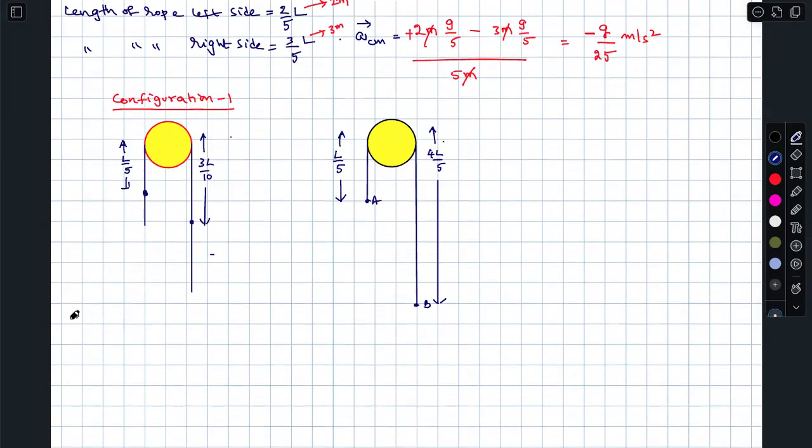For example, we will take upward direction as positive.